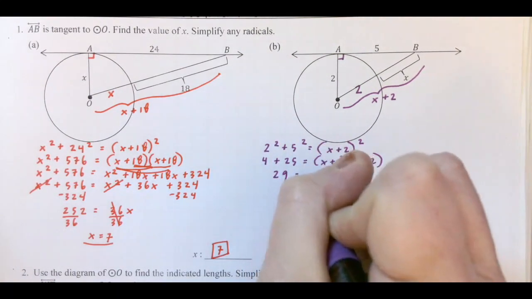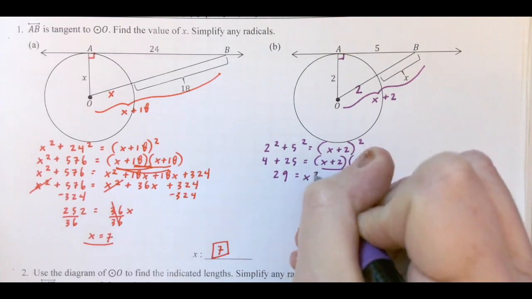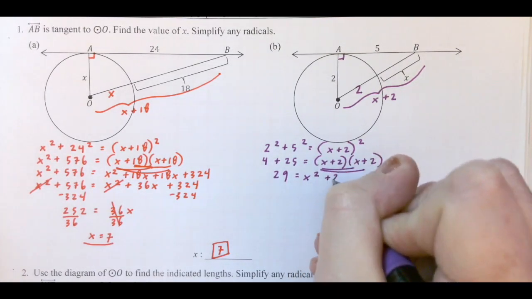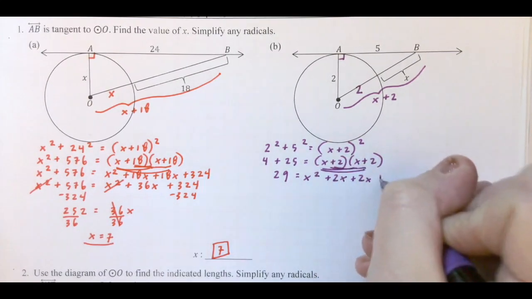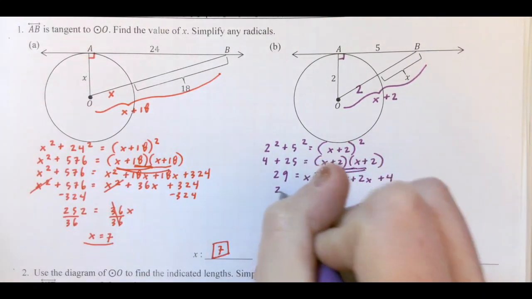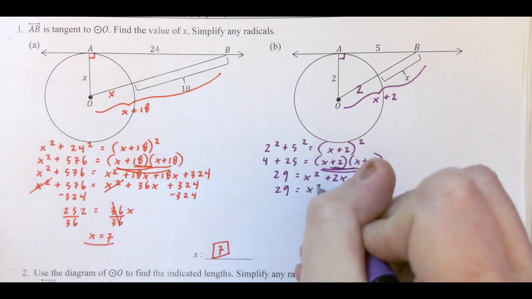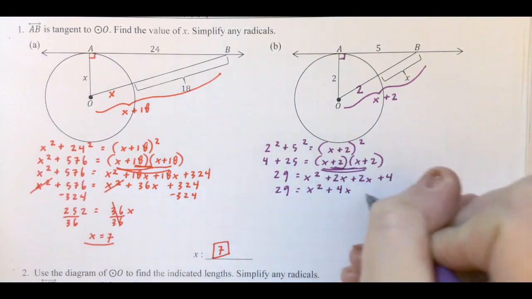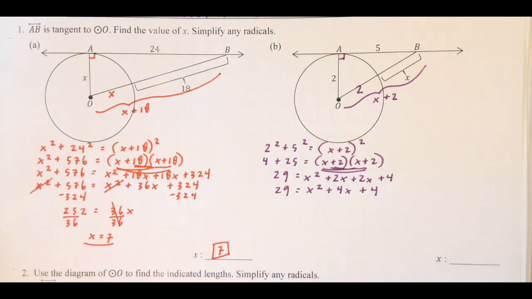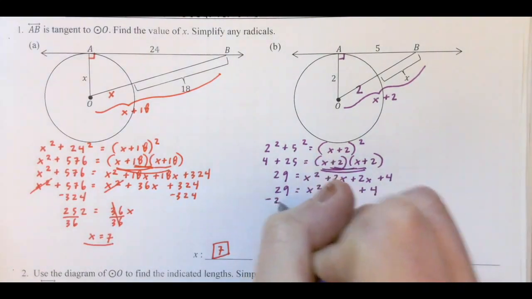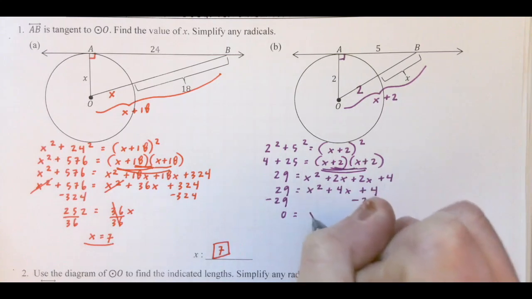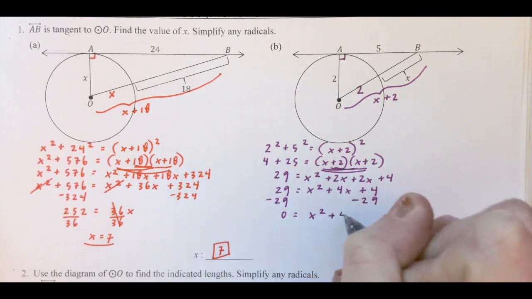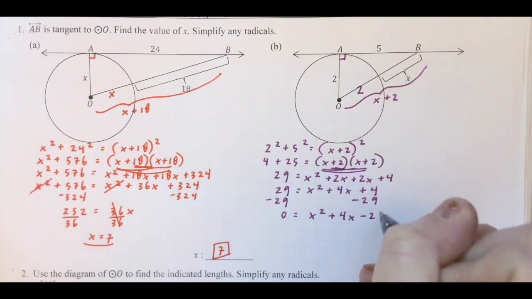So 29 equals X squared plus 2X plus 2X plus 4. So 29 equals X squared plus 4X plus 4. Okay, I want my quadratic equation set equal to 0, so I subtract 29 from each side. So now 0 equals X squared plus 4X minus 25.